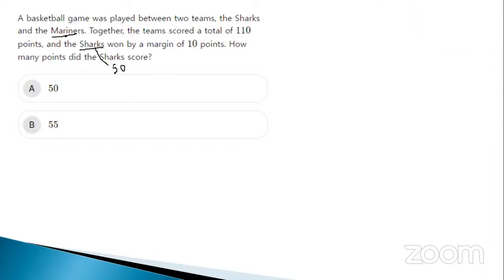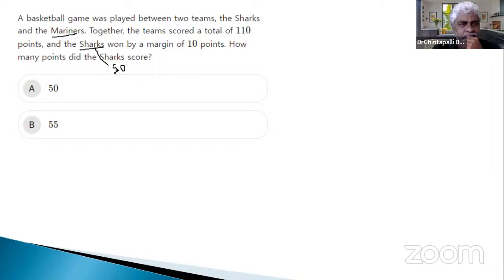Oh, one second. Sharks won by a margin of 10 points.